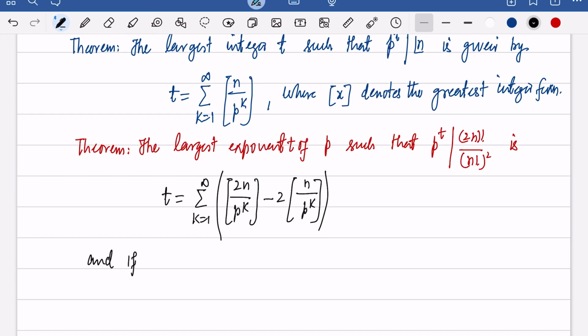And if this p belongs to the set n < p < 2n, then t is equal to 1. So we have the largest exponent t of p such that p to the power t divides (2n)! by (n!) whole squared. It is given by this formula. But if p lies between n and 2n, then t is always equal to 1.